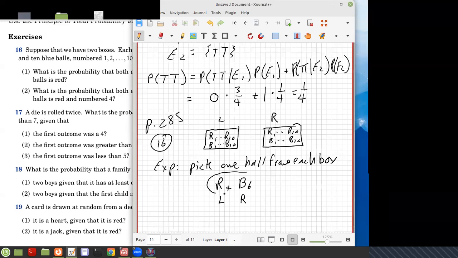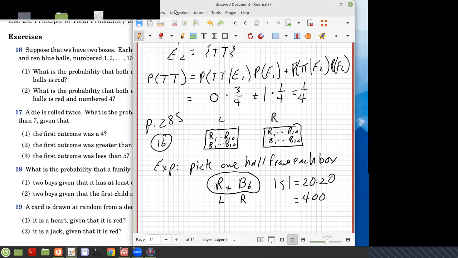This is our notation for an event. Now, just to get familiar with this, what's the size of the sample space? Well, I can choose any of 20 possibilities here and any of 20 possibilities here. And what I pick from the left is independent of what I pick from the right. So the size of the sample space is going to equal 20 times 20, which equals 400.